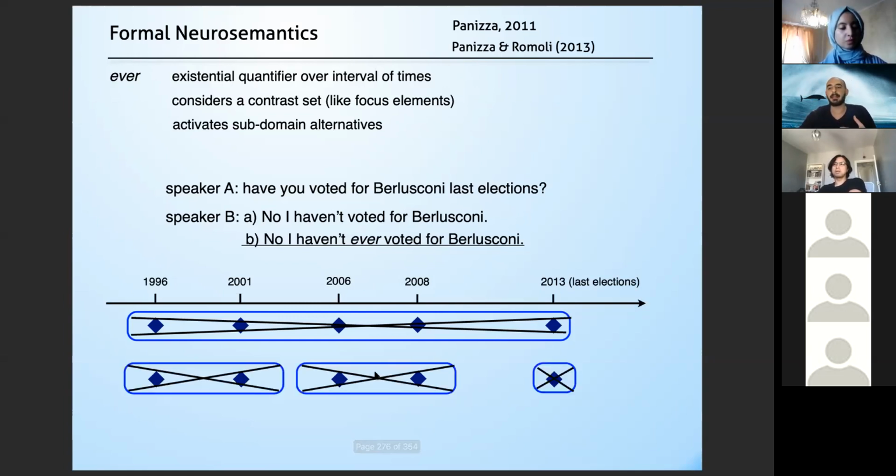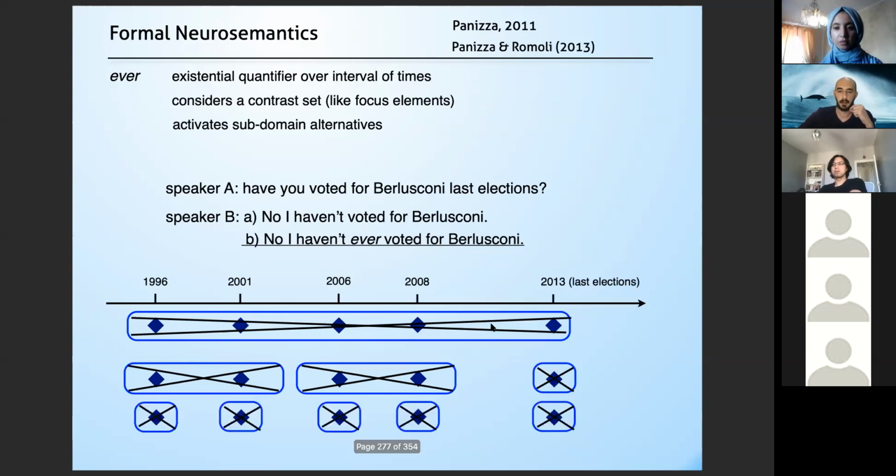Then the idea is that you sort of grind down this big domain of interval of times in which you could have voted for Berlusconi, and you grind it down considering any smallest possible domain that you have. Okay. So in the end, you end up considering one single time interval in which you had an election, right? And then you make sure that all these alternatives are entailed by the assertion.